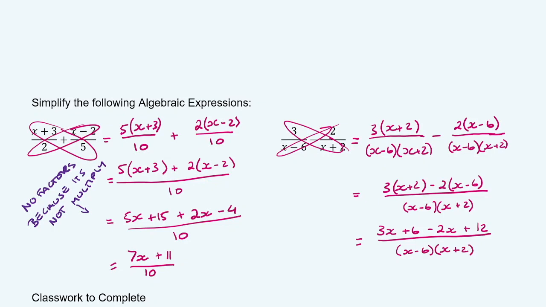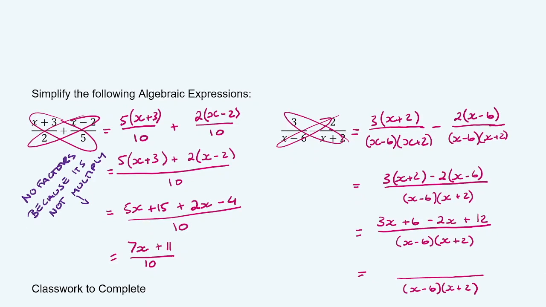Alright, so multiplying both numbers in the bracket by the number outside, remembering things like multiplying two negative numbers gets you a positive. And then last step, we're going to collect our like terms. So we've got 3x minus 2x, so that's just going to be x. And then we've got 6 and 12, adding together to get 18.